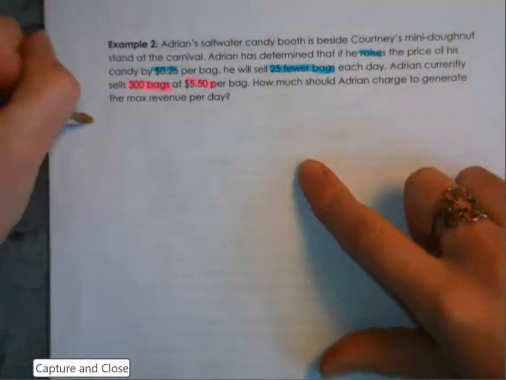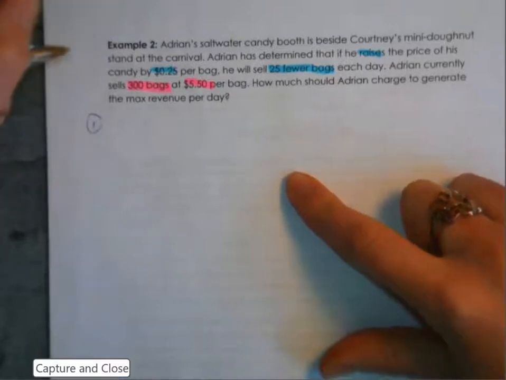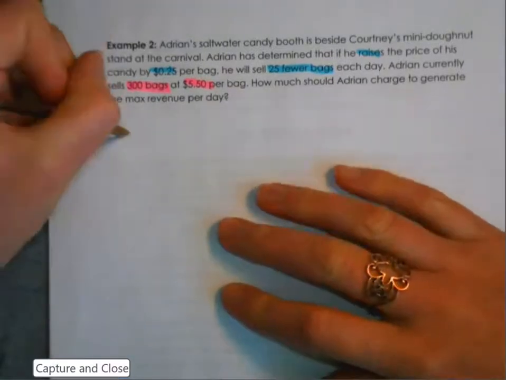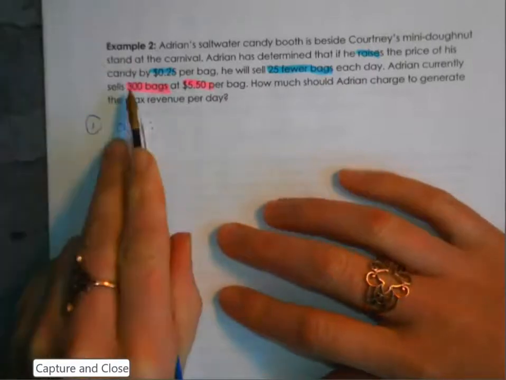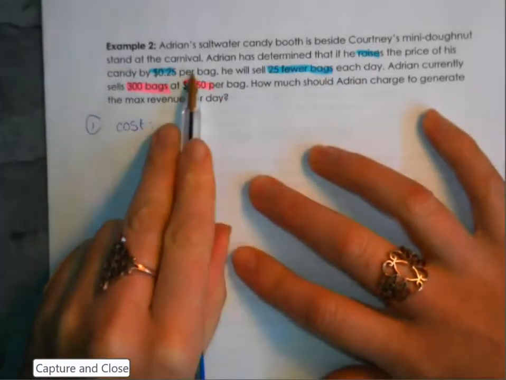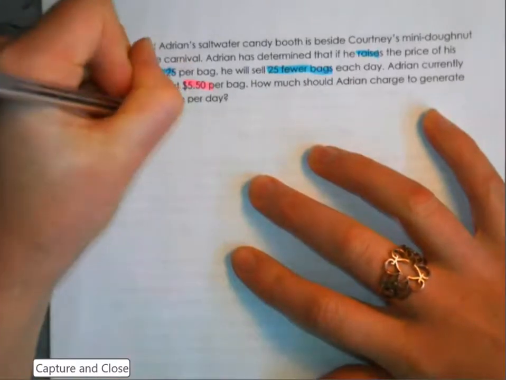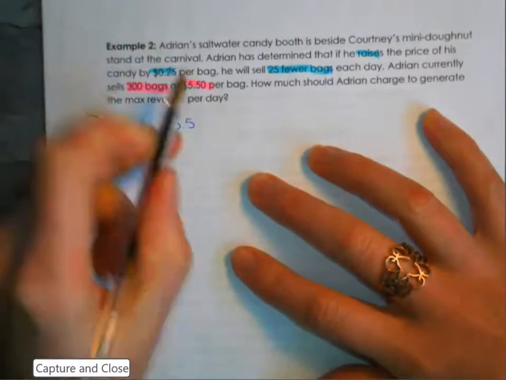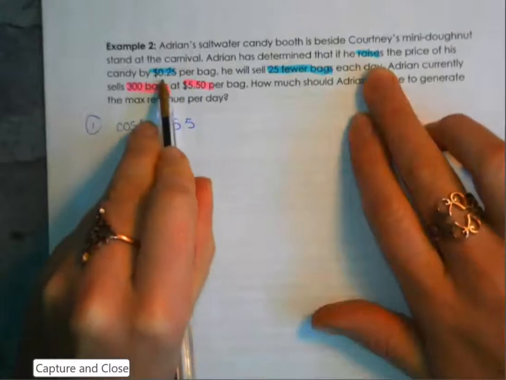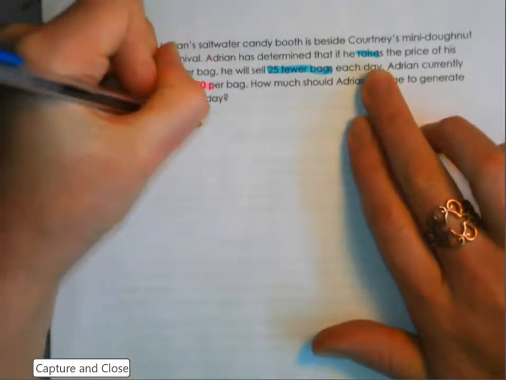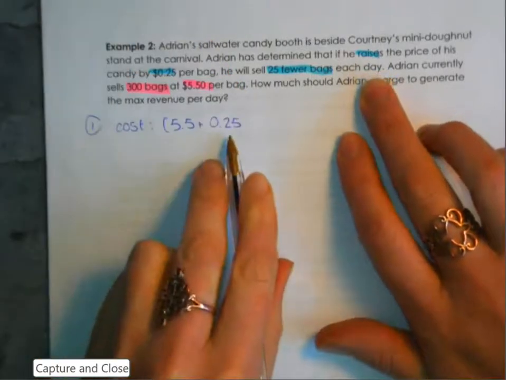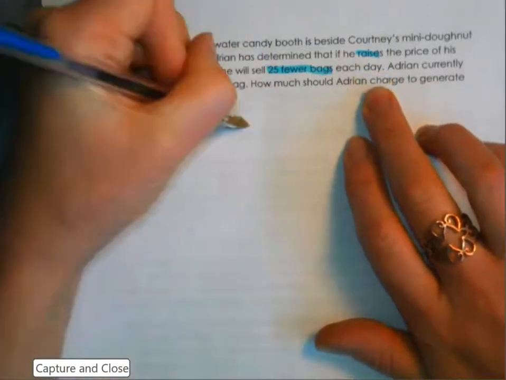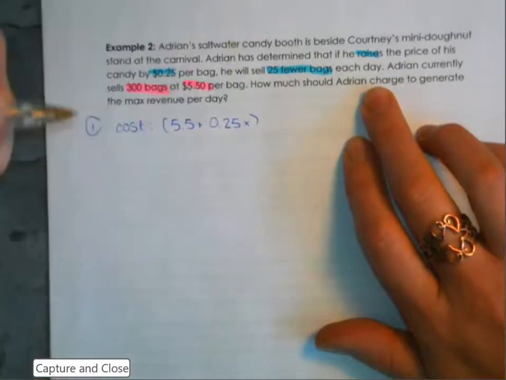The first thing is you need to determine your revenue function. So we want to figure out what our cost is. Starting at the original cost of $5.50, and he's looking at raising the price by 25 cents per bag, so plus 0.25, and remember that's always multiplied by however many times he raises the price, so it's 0.25x.